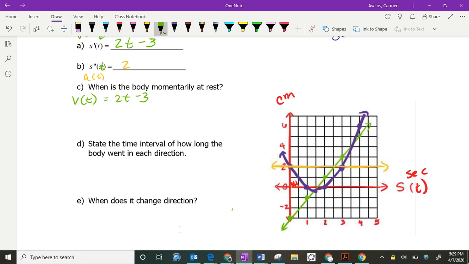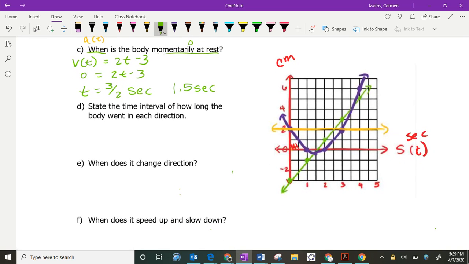So I am going to set the velocity equal to 0, not the t, because we're looking for the time when it is at rest, and that's when the velocity is 0. So we put that in there, and then we solve for it, and we get 3/2 seconds. So at 1.5 seconds, you could write yourself a sentence there. I would expect you to write that the body is momentarily at rest at 1.5 seconds.